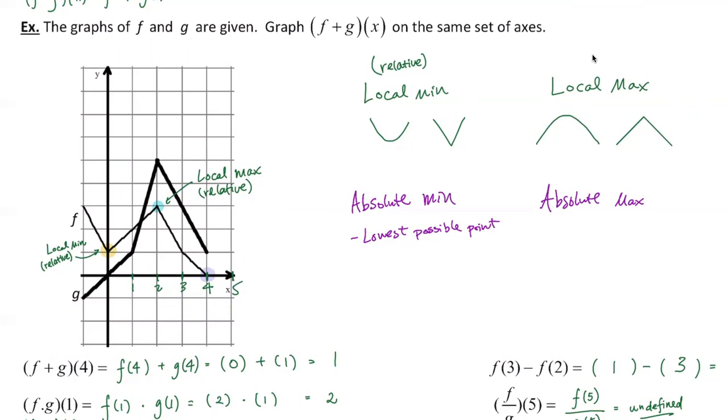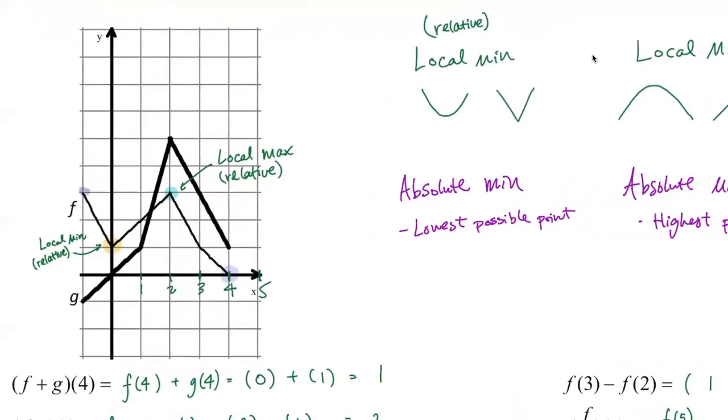And for the absolute maximum, take a look. Where is the absolute maximum? Where is the highest possible point? If you take a look at it, you will find out that we actually have 2 x values that share the absolute maximum of 3 up there.